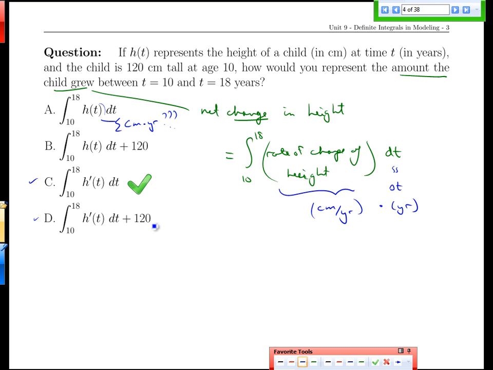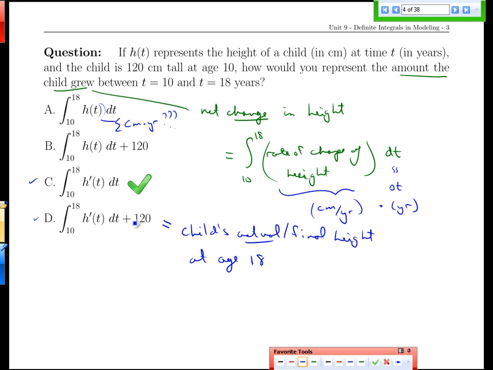If you're tempted by D, you're right, there's something true about D. This is equal to the child's final height, not change in height, but the child's actual height at age 18.